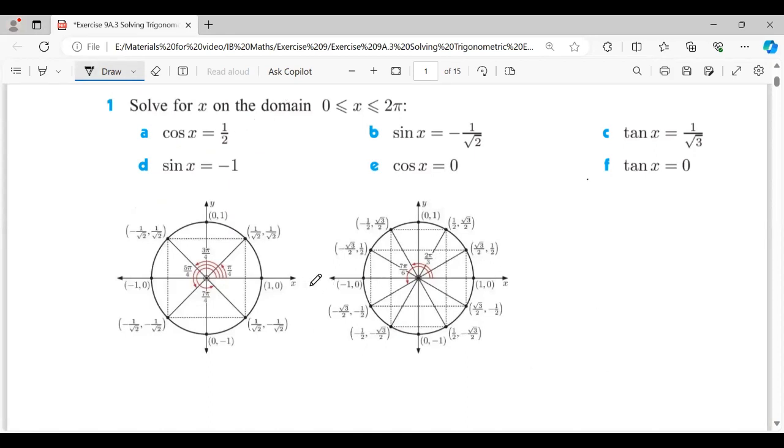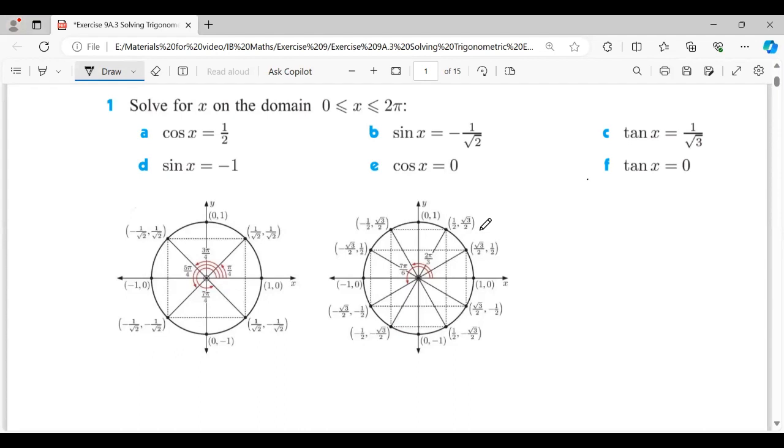Look at this diagram. There are two diagrams, this is the first diagram and this one is the second diagram. So look at the second diagram, and let's find cosine x equals half.